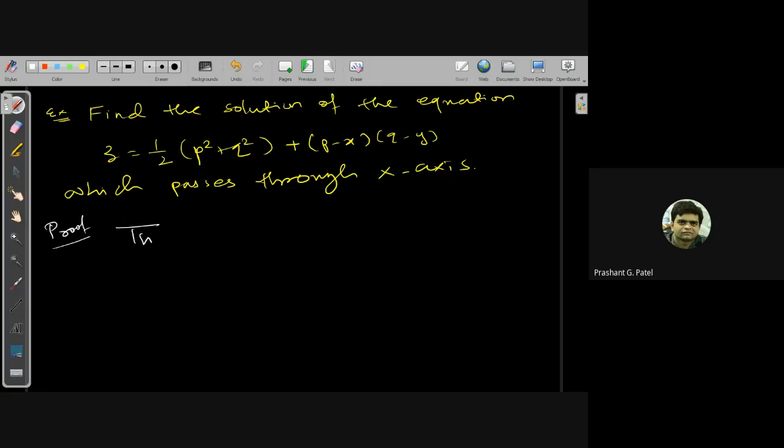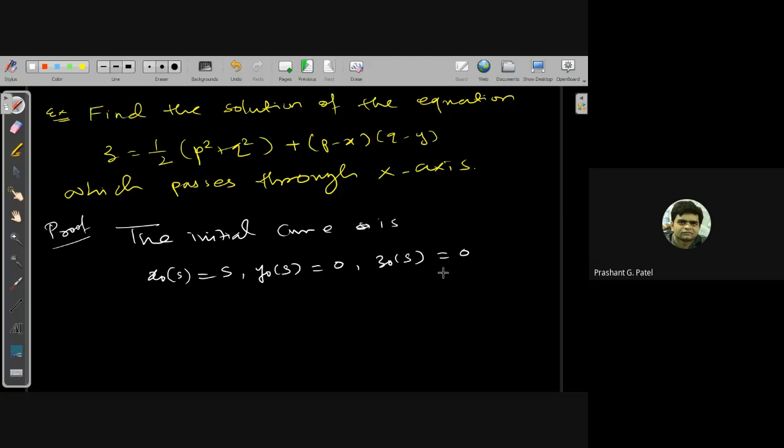The initial curve is the x-axis. So the x-axis can be represented as x0(s) = s, y0(s) = 0, and z0(s) = 0. So it is the point (s, 0, 0), that is the initial curve we have been given.